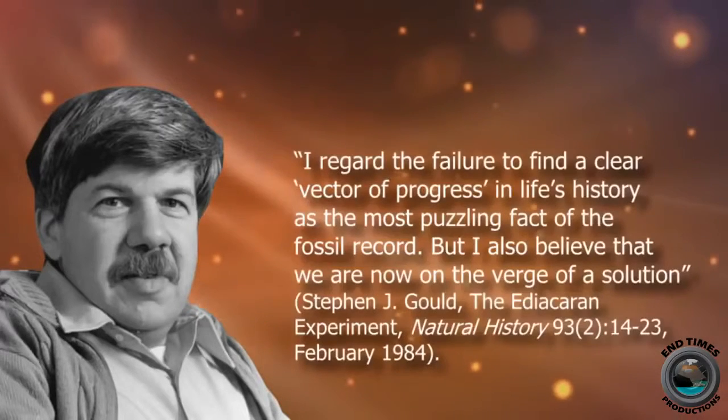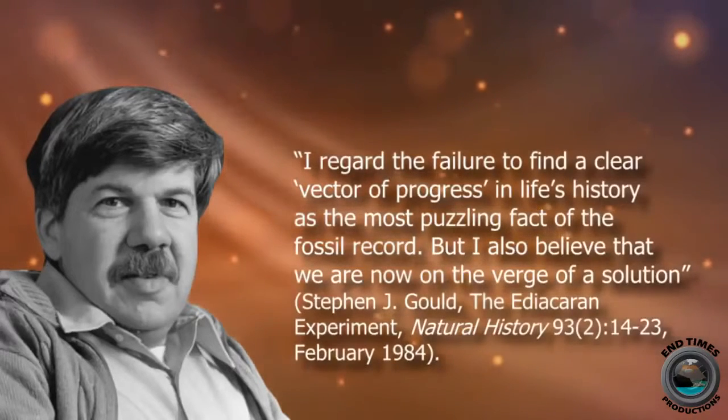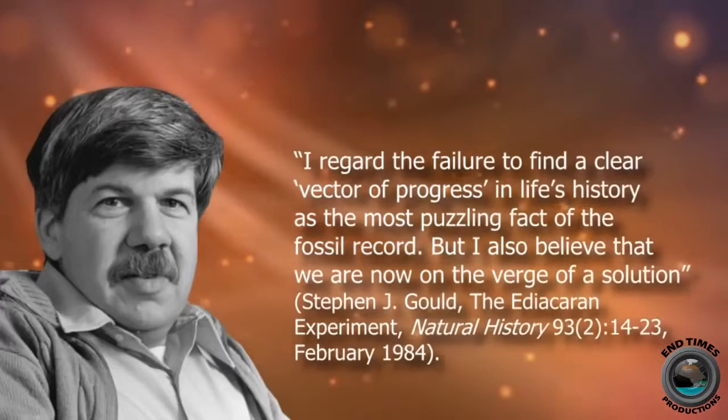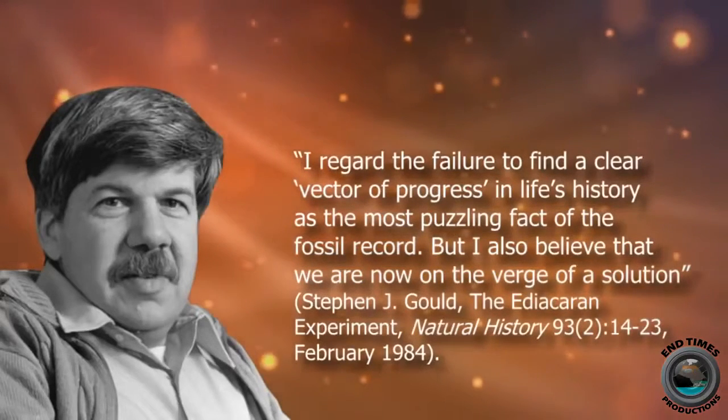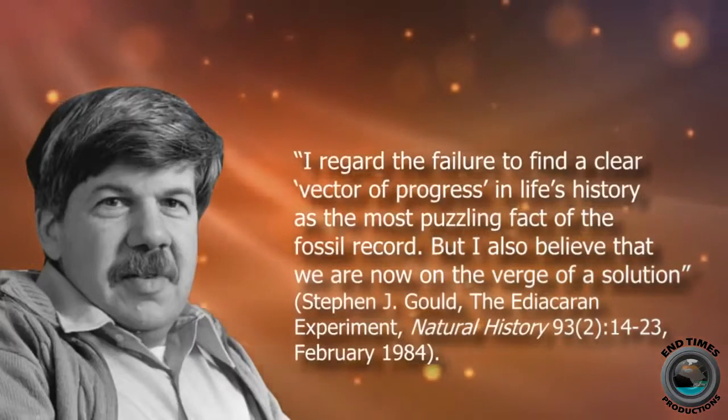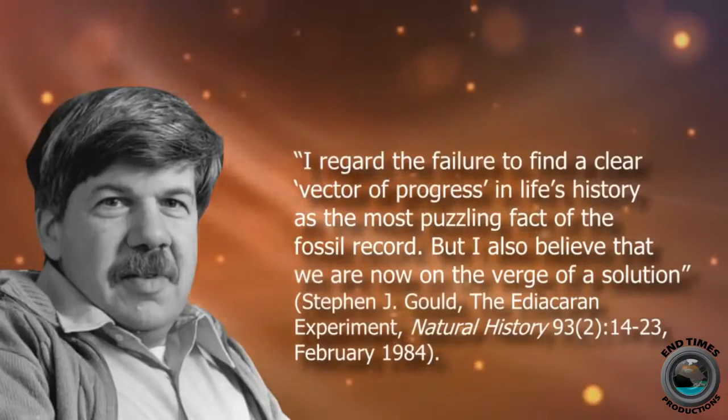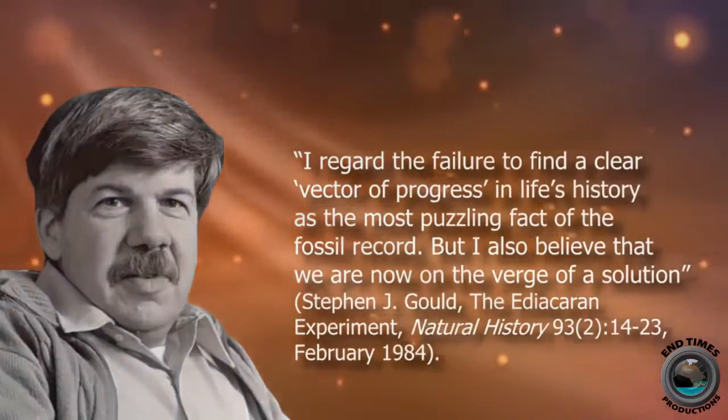And I regard the failure to find a clear vector of progress in life's history as the most puzzling fact of the fossil record. But I also believe that we are now on the verge of a solution," unquote.